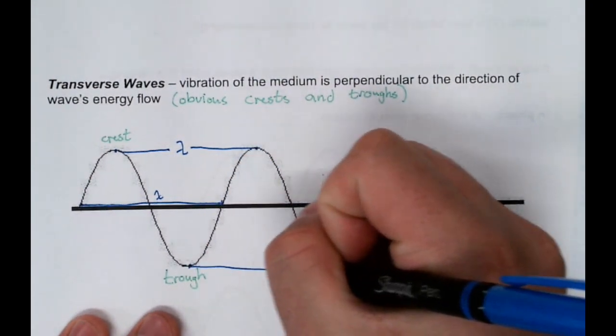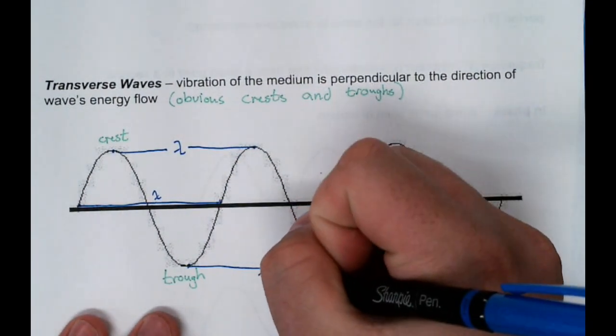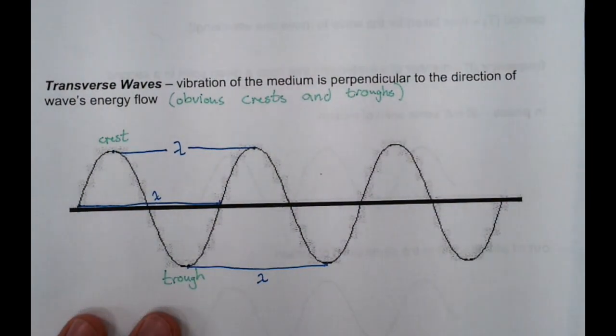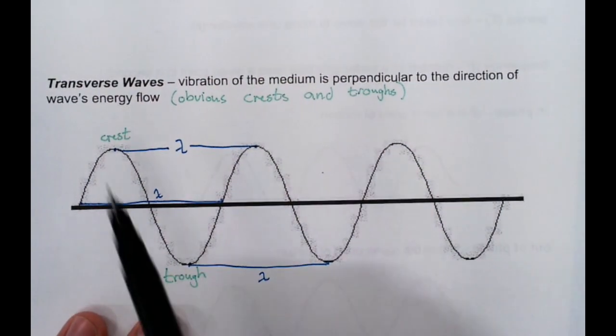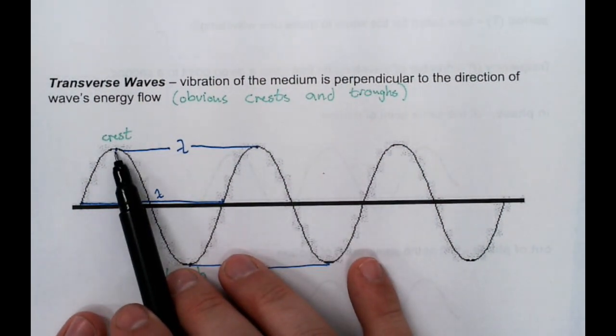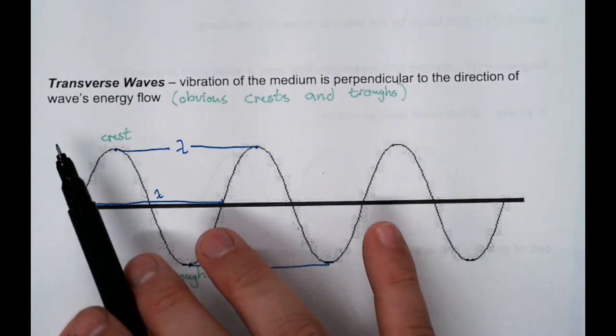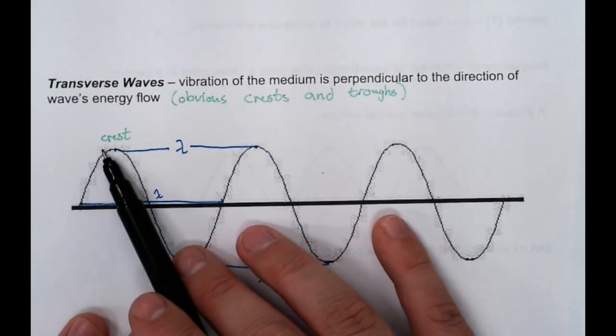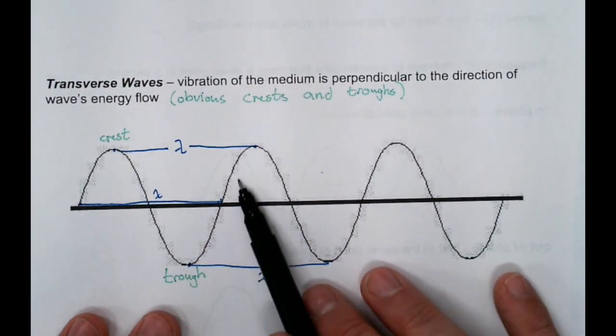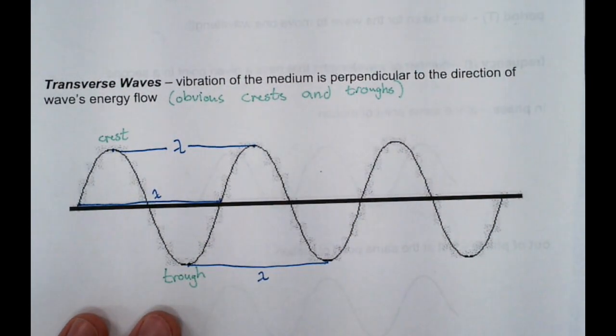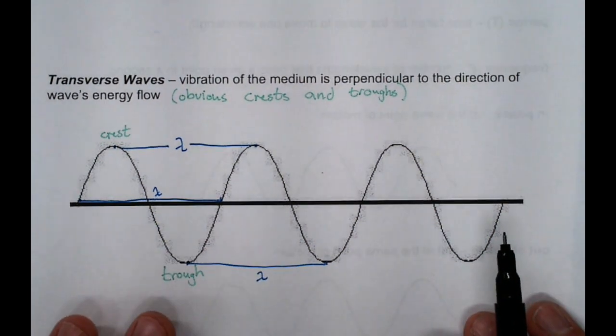One trough to the next trough, one wavelength. One thing that often gets students confused is they think going from the crest to the next trough is one wavelength. That's not true. That's only half the wavelength. It's got to go the whole way back to the next crest. All right.